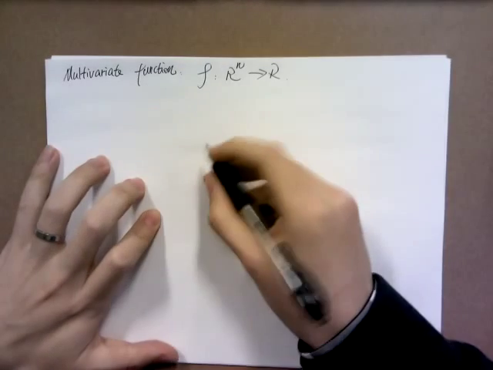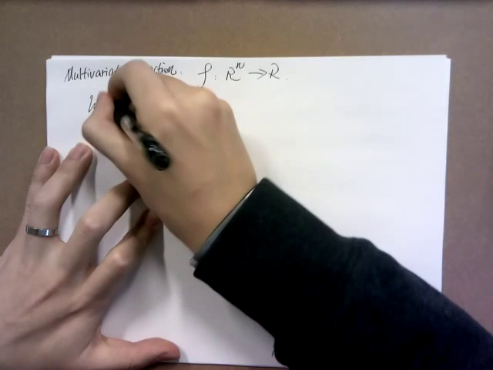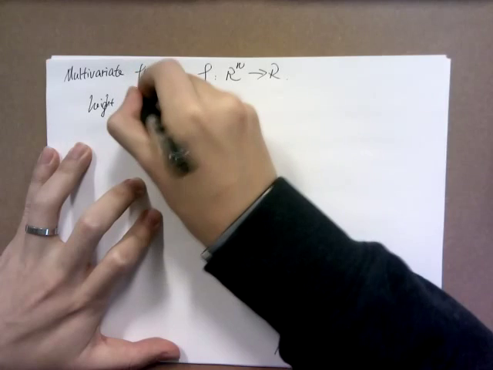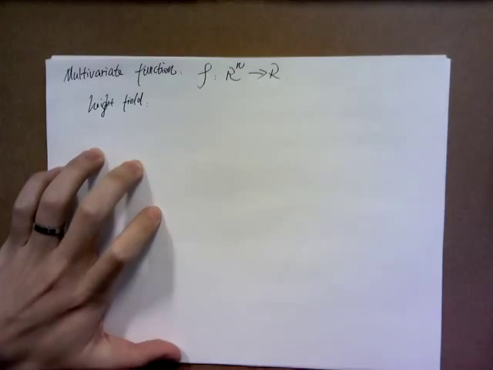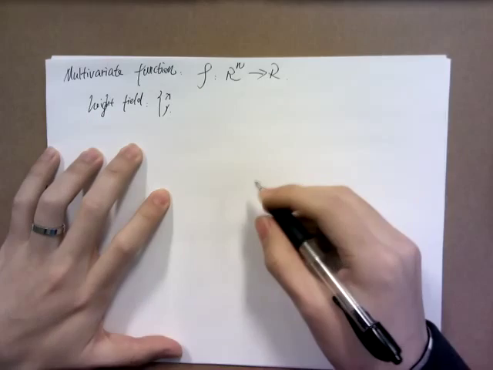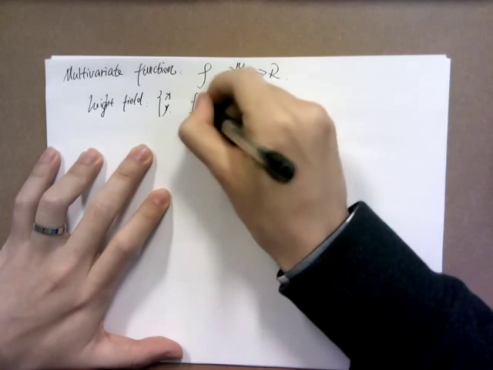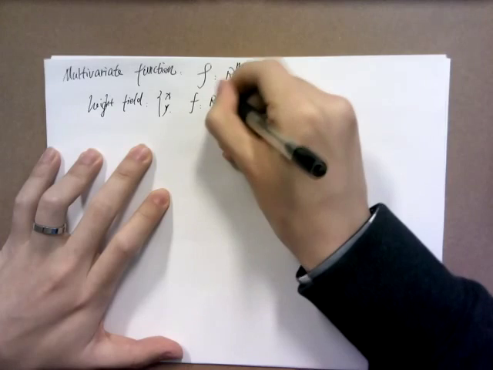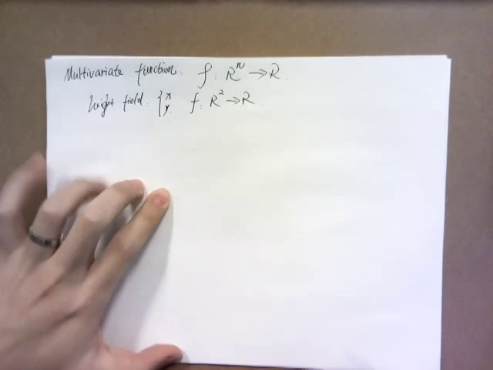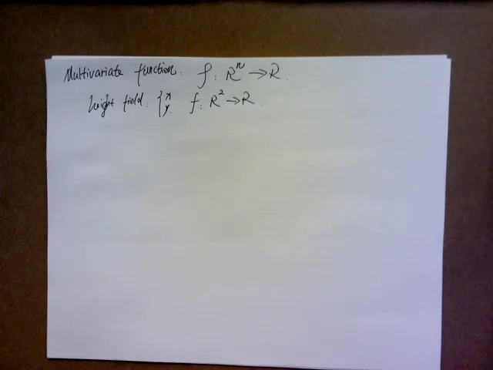For example, if there is a height field, if there's a mountain, then basically I have an x and a y. Those are two of my coordinates, and the height field is a function from R2 to R. I have two dimensions on the ground, and I have the height as a function of my two dimensions.